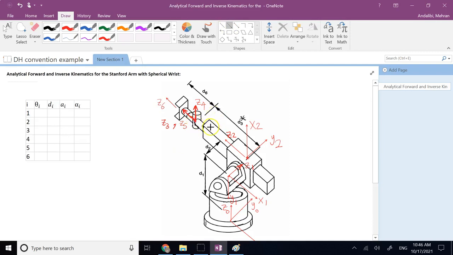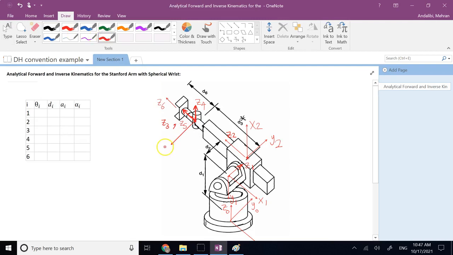Although if I choose X3 to be similar to X2, that makes this theta that I need 0. And if I choose it right now to be radially outward like this, that makes my theta non-zero, but that makes some of my future thetas simpler.